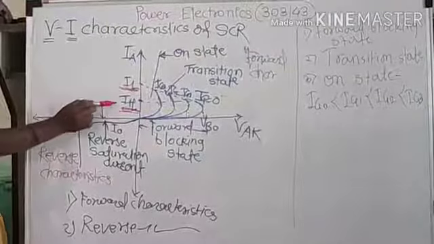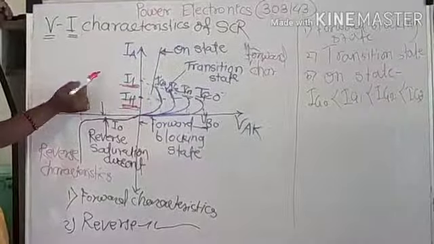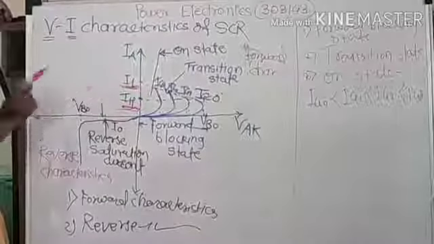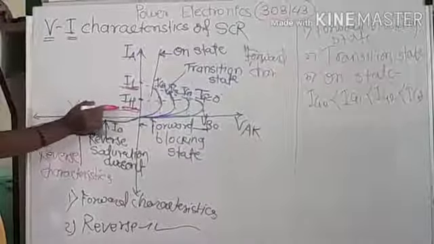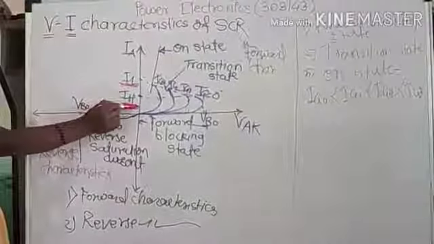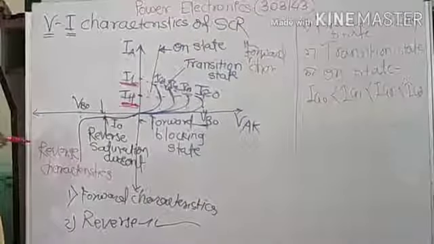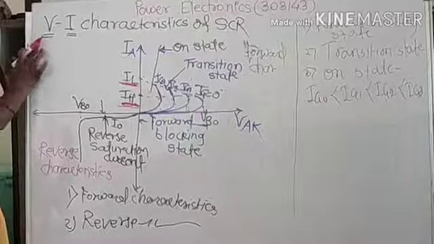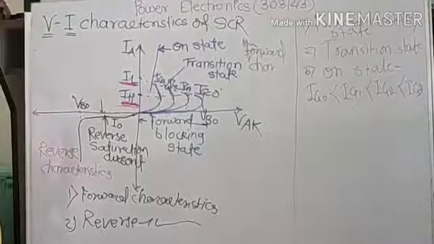From the definitions we can understand that in both cases the SCR is in on condition. Now, what is the difference between holding and latching current? Holding current holds the SCR in on condition. Latching current latches the SCR in on condition. The second difference is that latching current is always higher than holding current.